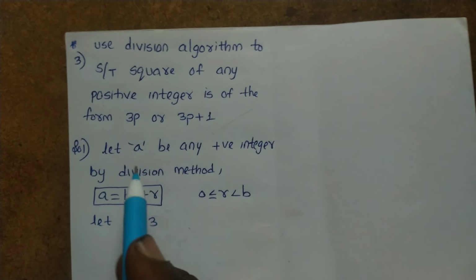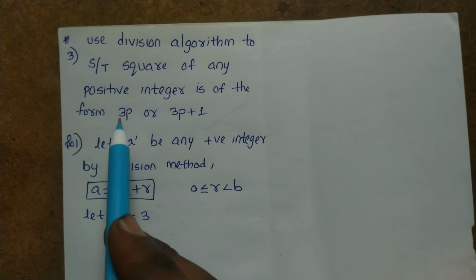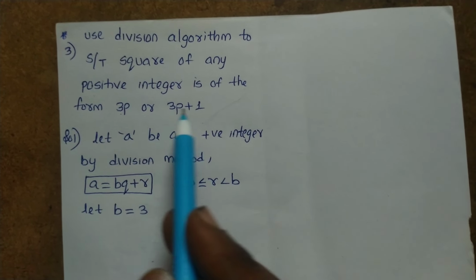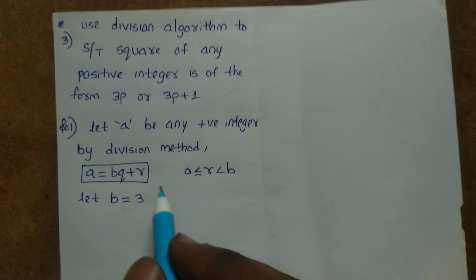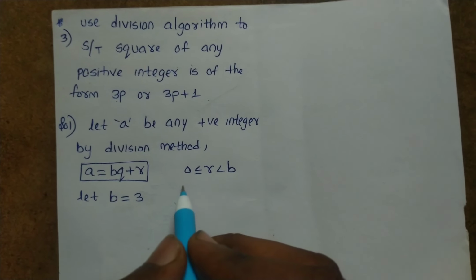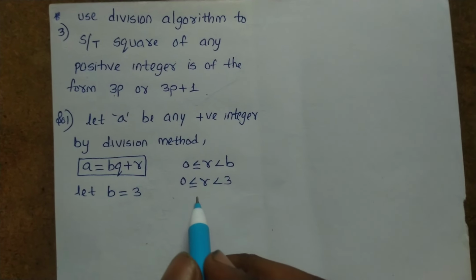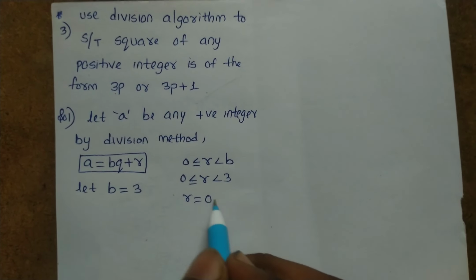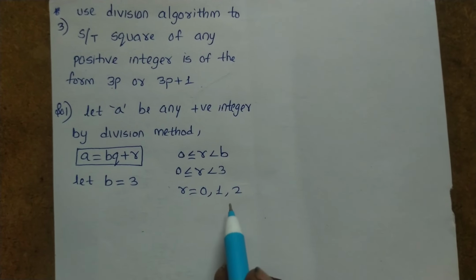Why? Because we need to prove 3p or 3p plus 1, so it is in the form of bq plus r. If b equals 3, what will be the remainders? r is less than 3, so we can get 0, 1 or 2. So we can get 3 remainders.